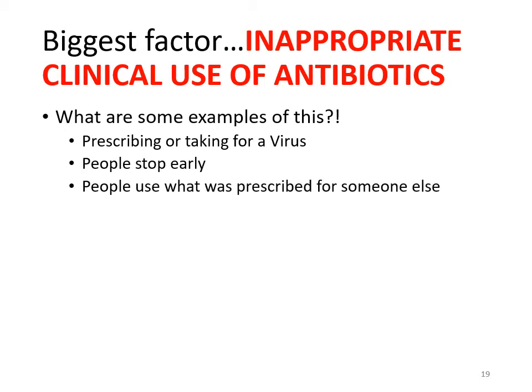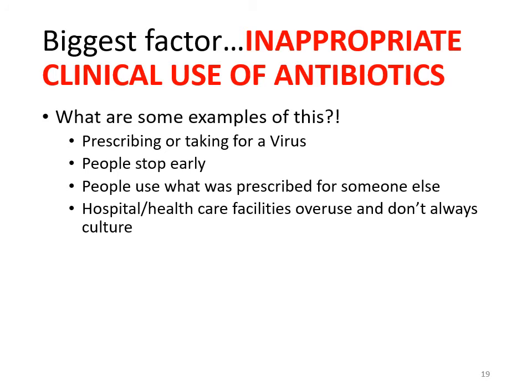Third one, people use what was prescribed for someone else or even for themselves, but back in the day, old prescriptions for themselves. And the last one that we mentioned is hospital and healthcare facilities overuse and don't always culture. So they're the perfect breeding ground for antibiotic resistance.